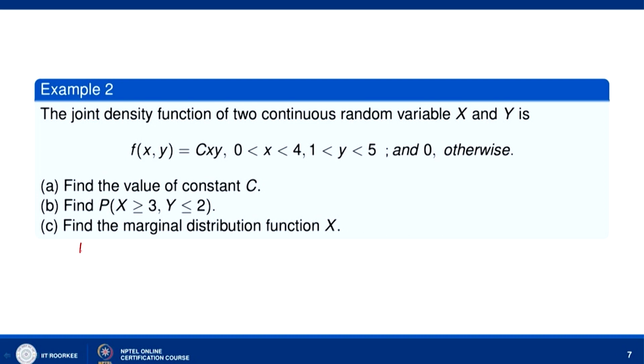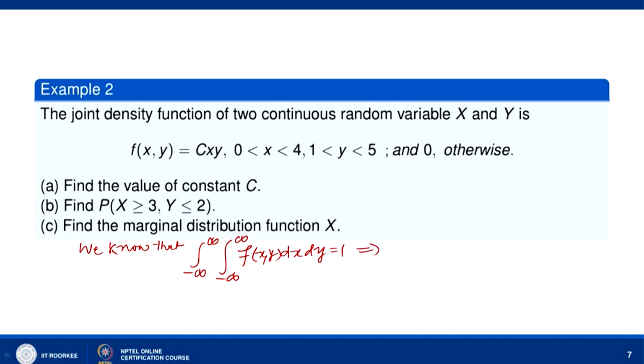So we have to determine the value of the constant c first. We know that f(x, y) is the joint density function. So the integral from minus infinity to infinity, and the integral from minus infinity to infinity, of f(x, y) dx dy will be equal to 1.